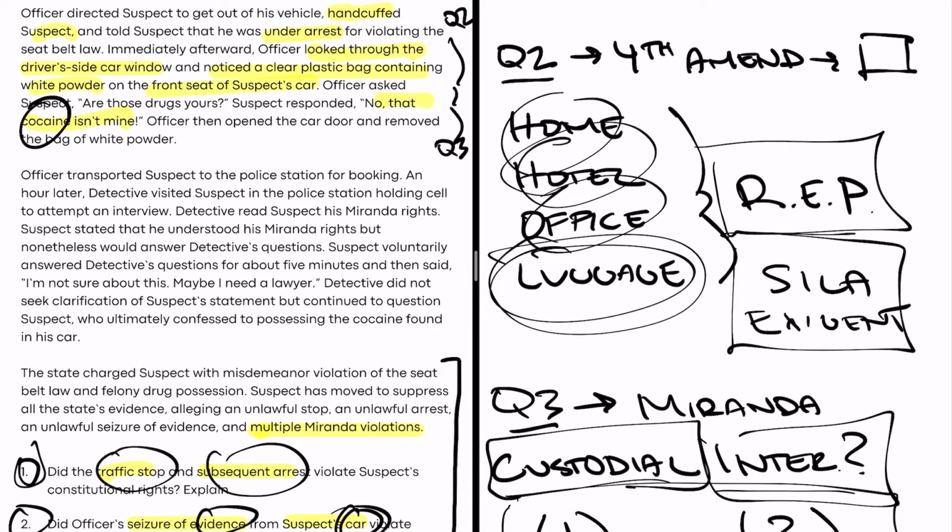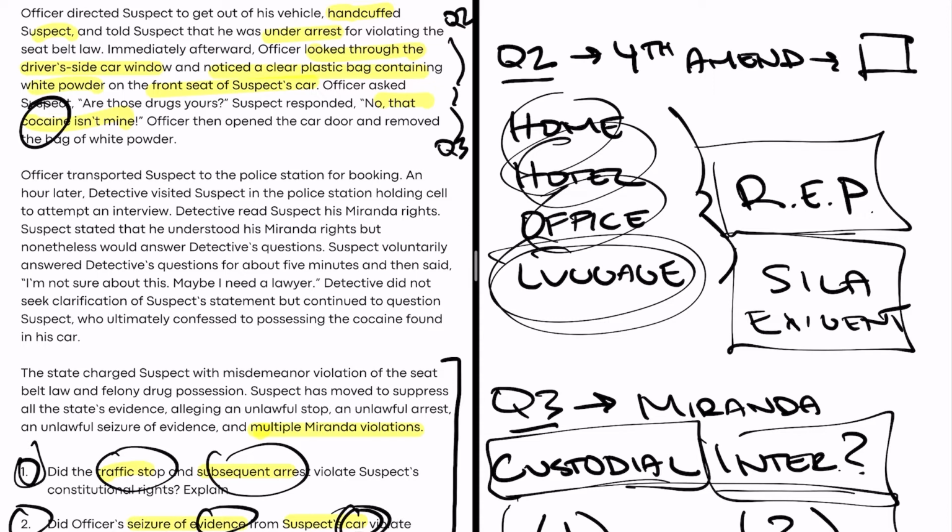The suspect, before he said that, maybe could have tried to argue that the plain view doctrine shouldn't apply because that could have been a bag of salt. That could have been a bag of sugar, just a baggie of white powder, right? Is that the type of object where the incriminating character is immediately apparent? Under the plain view doctrine, the object's incriminating character has to be immediately apparent. The officer's not allowed to examine it to determine whether it's incriminating or not.